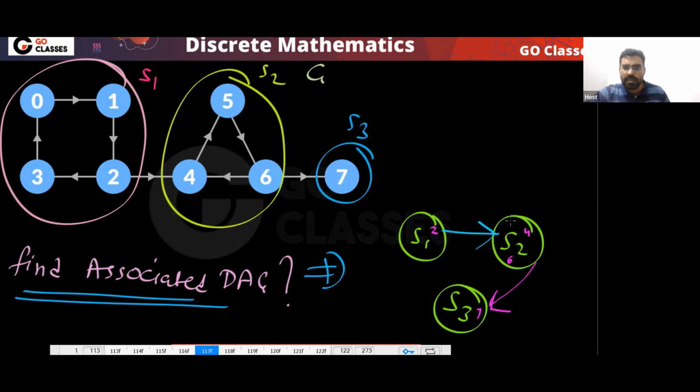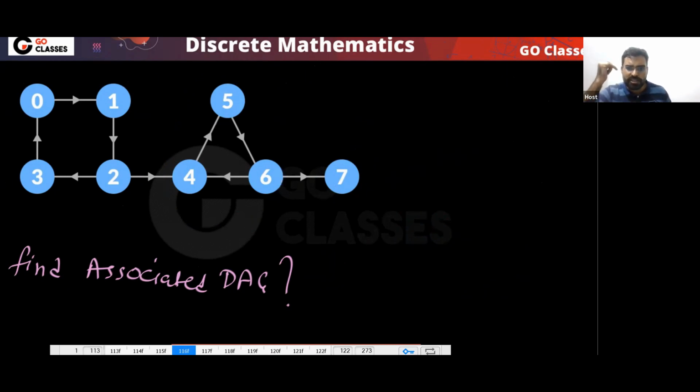Is this clear? So finally, this is the associated DAG. Can you notice this is a directed acyclic graph? Did you understand this concept?